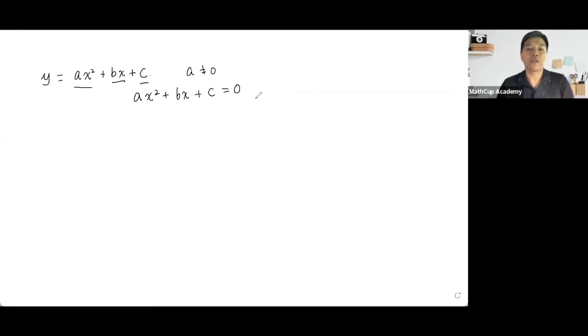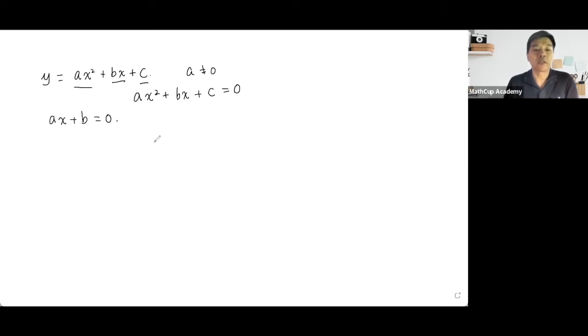So how do we solve this? Before we start, we can look at something we have learned before. It's a linear equation. A general linear equation is ax plus b, and when we try to solve this, we say ax plus b equals 0. And how do we solve it?